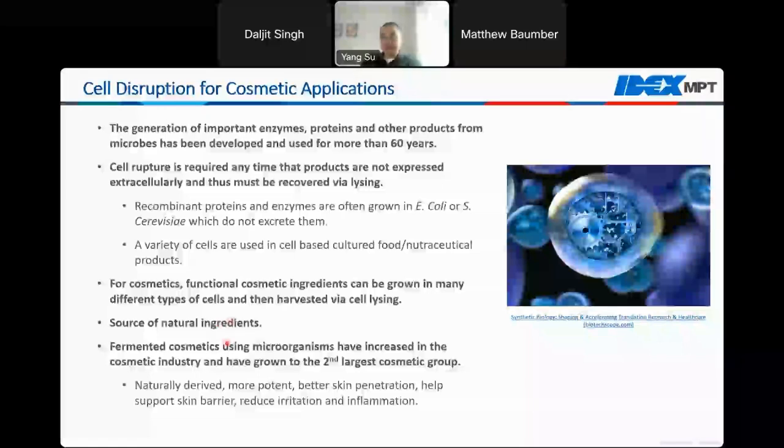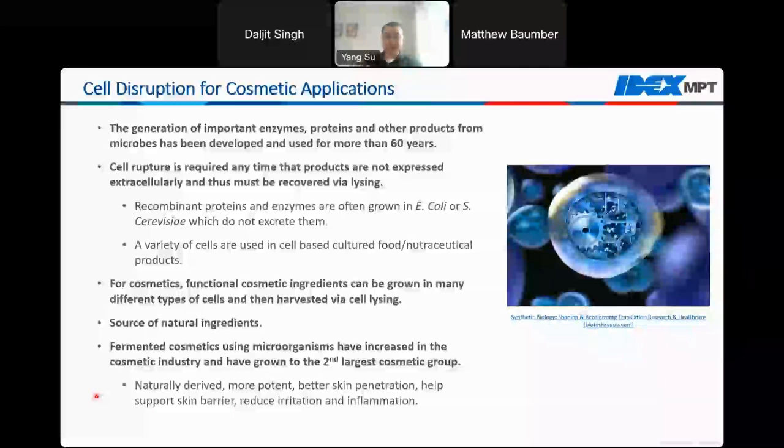The last thing I want to mention here is there's an increased interest or trend in using fermented cosmetics derived from microorganisms. This has been studied since, I think, somewhere in the early 2000s and has been growing very fast.